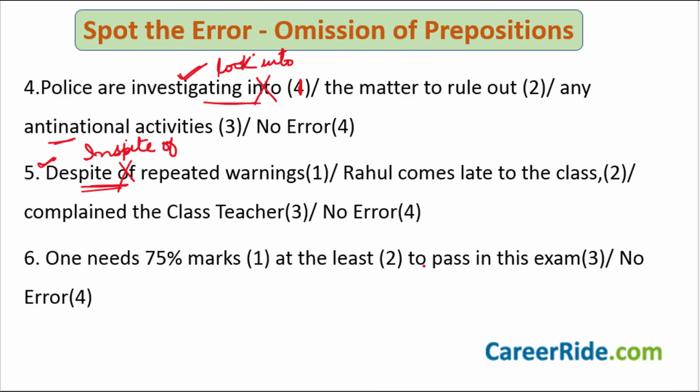The error is actually in the 3rd part of the sentence. Why is this an error? Because this "pass" here is a transitive verb. A transitive verb is a verb that needs to pass its action on to the object, right? So "pass in this exam" is not the right thing to do. You should write "to pass this exam", simply.